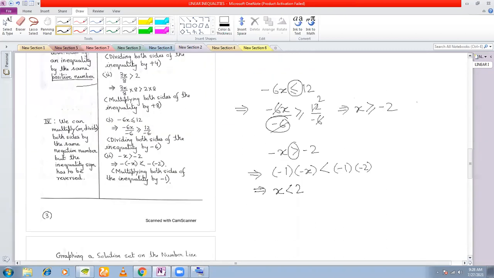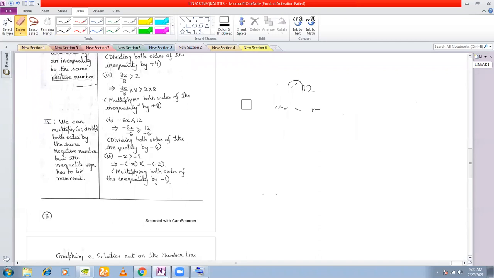Apart from this, there are 2 additional rules. If you are interchanging the left hand side and the right hand side, then the inequality sign is also reversed. So in that case, what happens? Suppose I have 12 less than or equal to 6x.